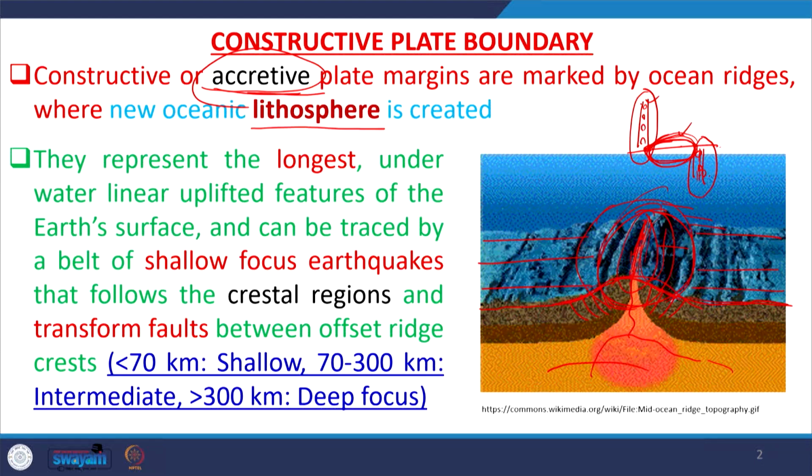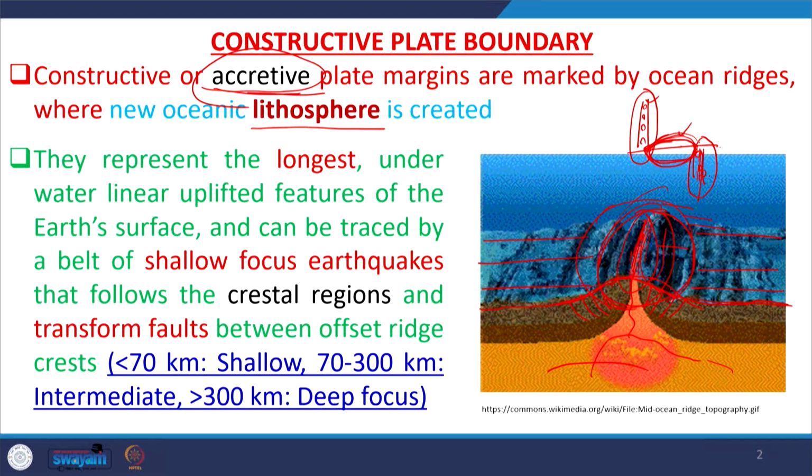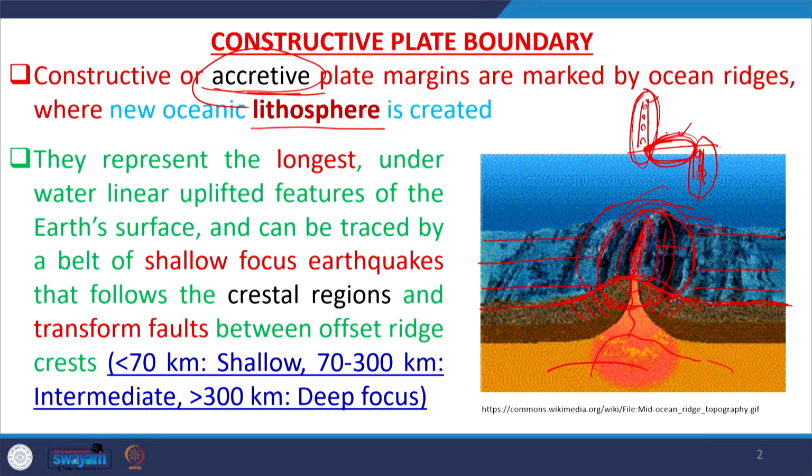So, though shallow focus earthquakes are distributed all along the mid-oceanic ridge and the transform fault, their origins are different: normal faulting along the crestal region and strike slip faulting along the fracture zone.